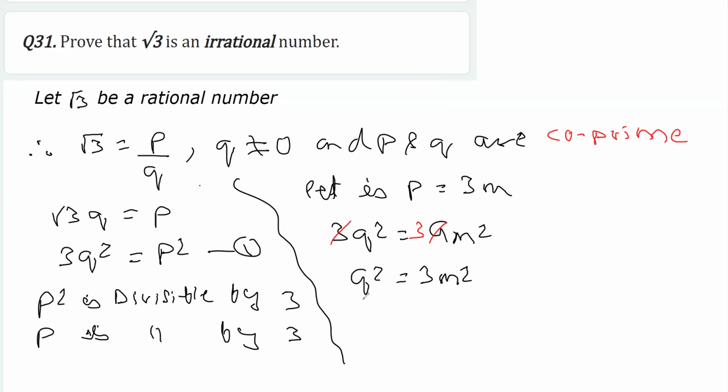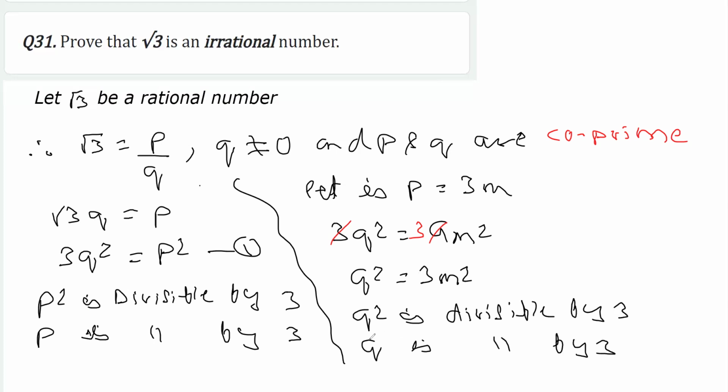So what do you conclude? That Q square is some multiple of 3. So that means Q square is divisible by 3. So it implies that Q is also divisible by 3. Now check these two, what do we conclude?